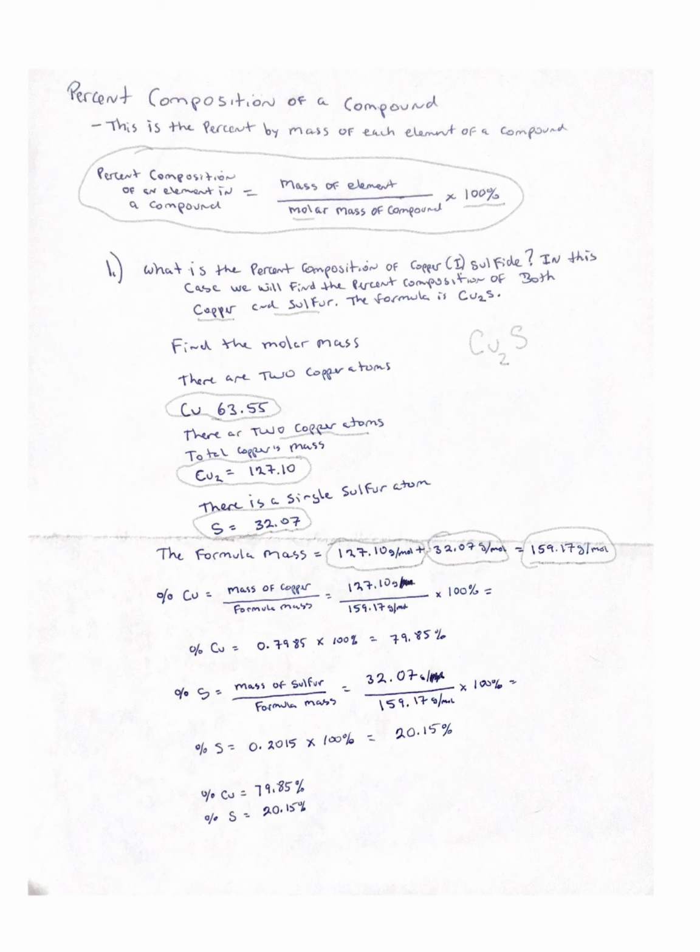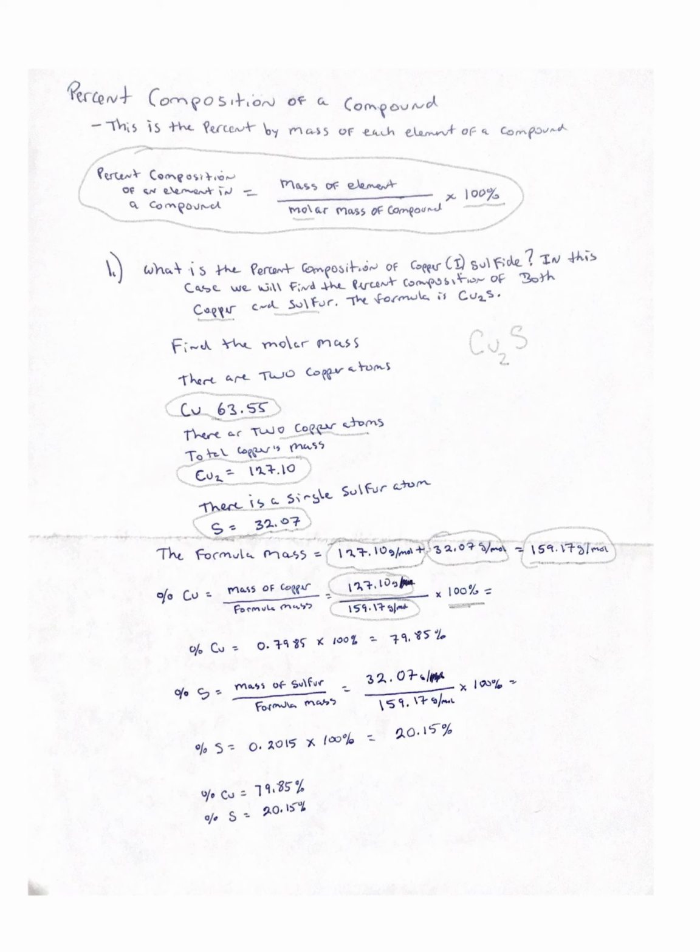So this 127 grams, you're going to have 127 grams per 1 mole of that sample, that's 127 grams of the copper, and I'm going to divide that by the total mass, the molar mass of my compound, which is 159.17, and then multiply times 100%.